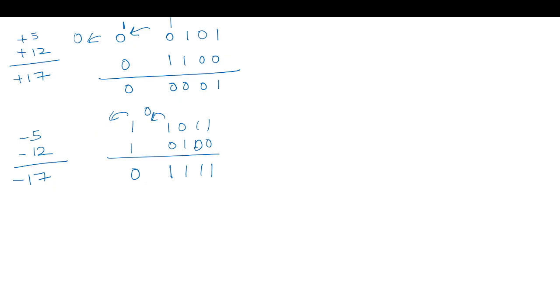No, sorry, not 0. This is 1 plus 1, 1. So either the carry is like 0, 1 or 1, 0. This is the 2's complement form of minus 17. So next, plus 5 plus 3.